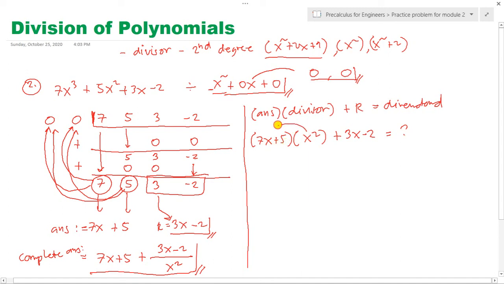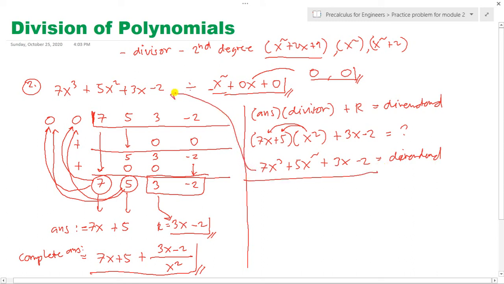So, distribute x squared on the inside of the parenthesis. So, you now have 7x cubed plus 5x squared plus 3x minus 2. So, this would be our dividend. So, if you compare this with our given, so they are the same or they are equal. Therefore, our answer is correct.